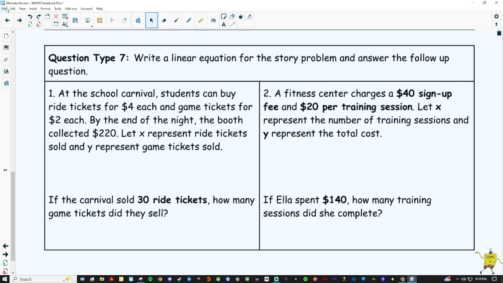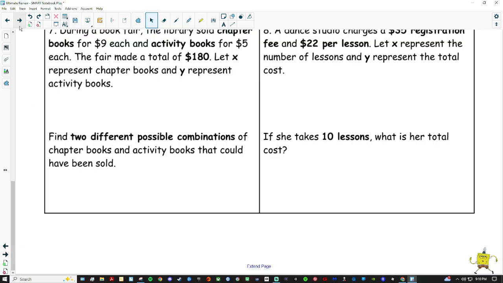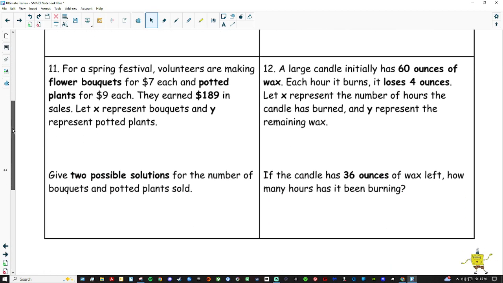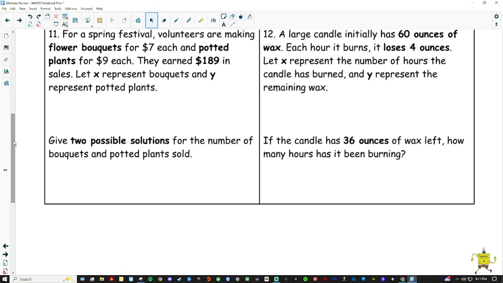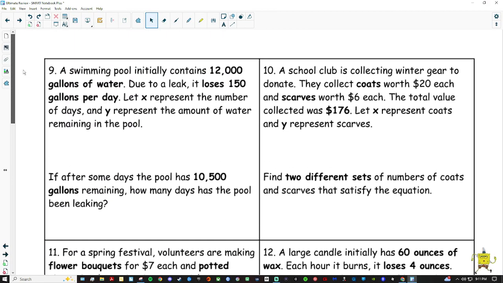We have 12 story problems that you need to get done today. You're going to write your equation and answer the one follow-up question. When you're finished with that, make sure you go back and finish anything else you haven't completed. And that's a wrap on story problems day number 3.